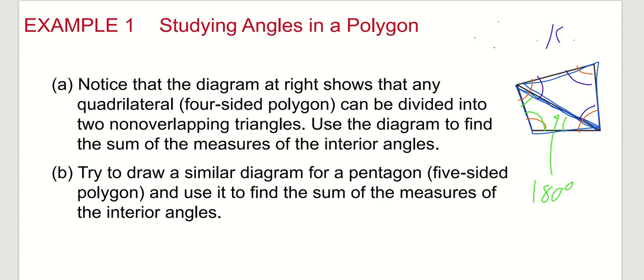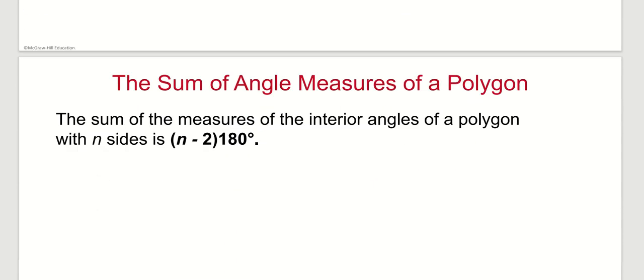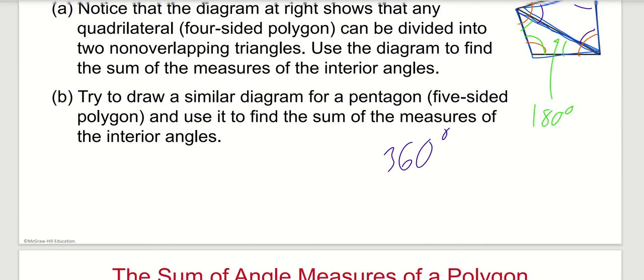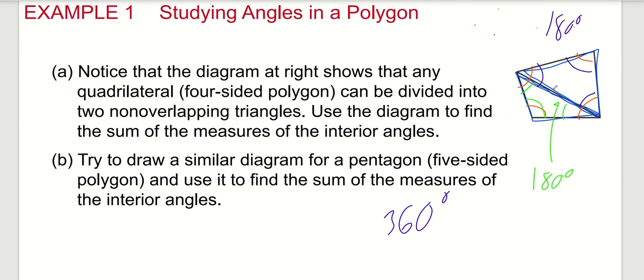Notice that those two add up to 180 degrees, and in total, they would give us the interior angles of the quadrilateral, which is going to be 360 degrees. So the sum of the interior angles in a quadrilateral is going to be 360.